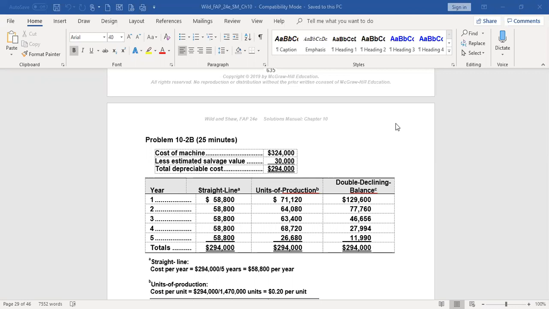Another way they define the life is in terms of how many units it will produce. It estimates that the useful life in terms of unit production is 1,470,000. It then goes on to report the actual units produced in each year.